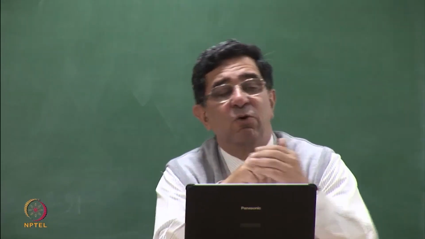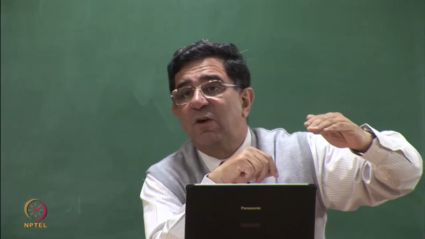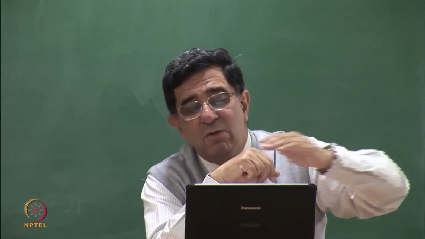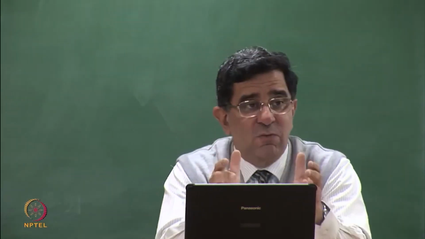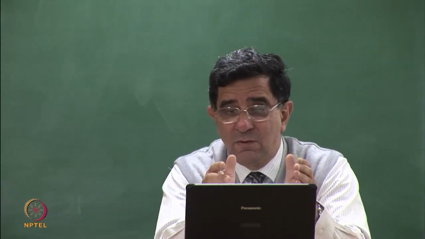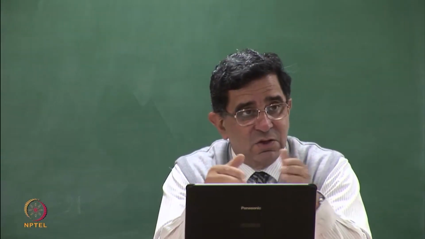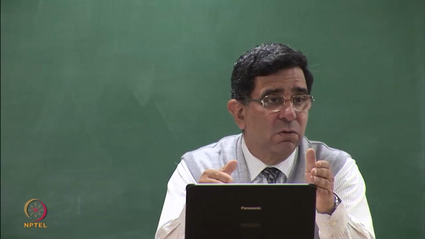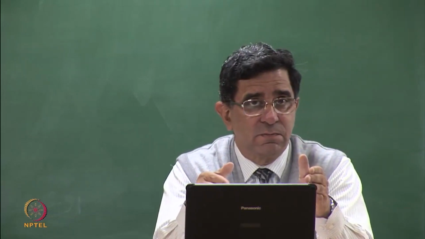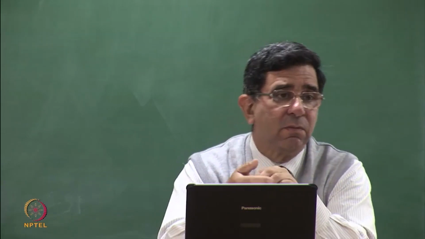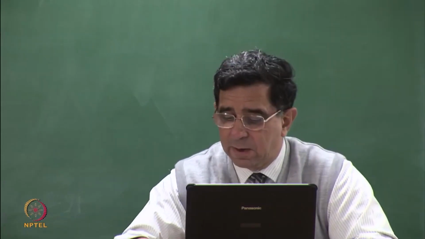But if you go to 10 to the power of minus 9 centimeter per second for permeability, then you find that the diffusive flux is much more. So in comparison, once again, the GCL is passing more through diffusion. Agreed? Okay.